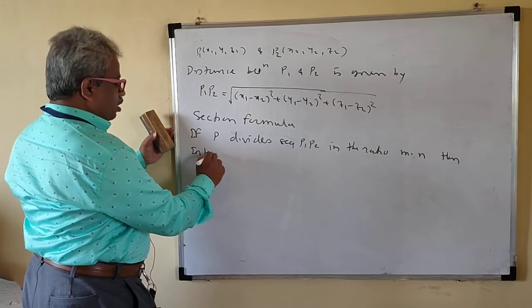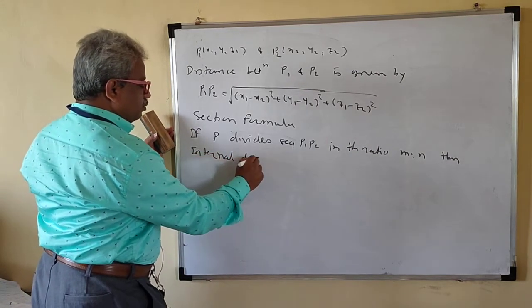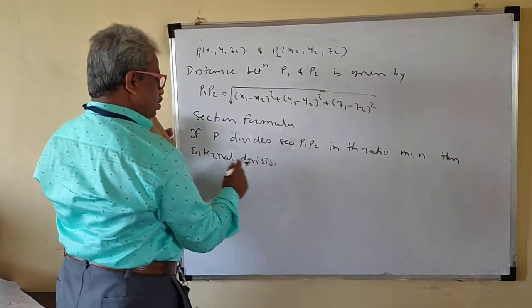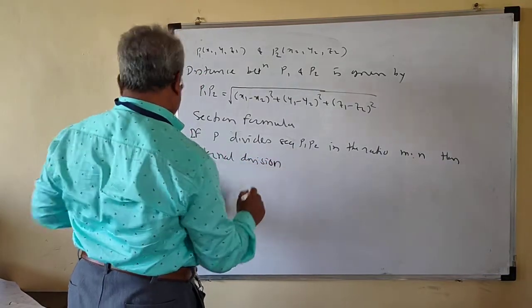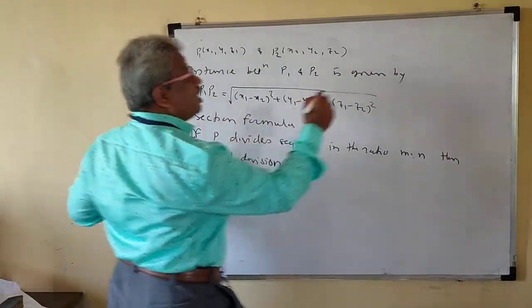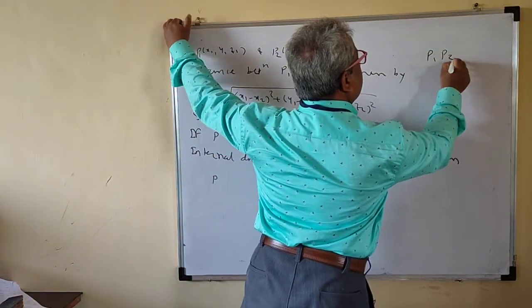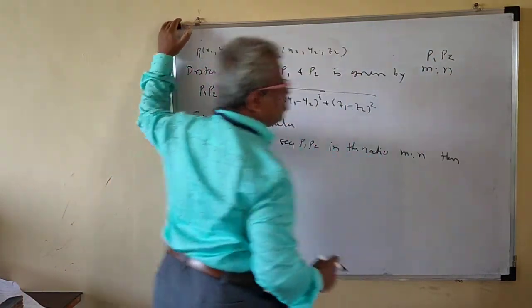P divides P1P2 internally in the ratio m is to n, suppose.